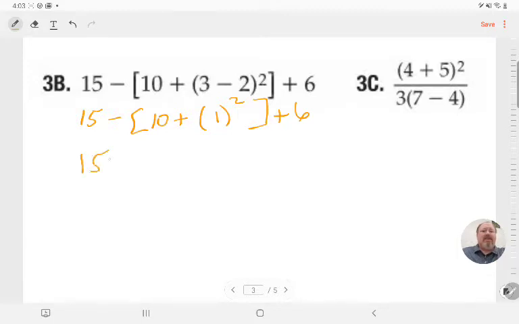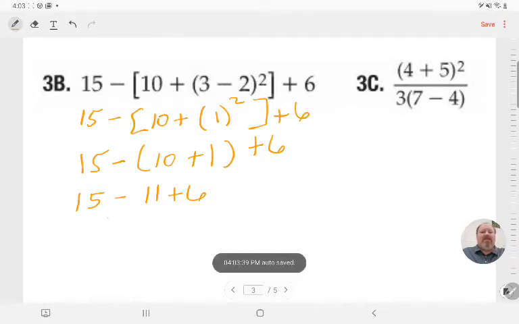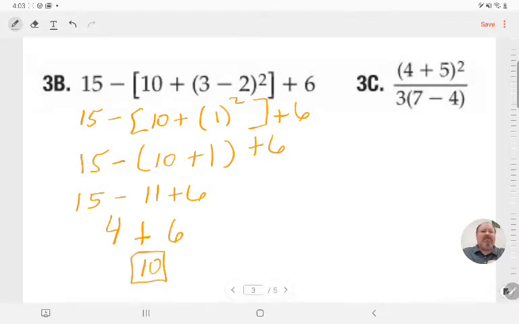So 15 minus 10 plus 1, because 1 times 1 is 1, plus 6. Now we have to finish inside the grouping. 10 plus 1 is 11. And now all we're left with is addition or subtraction. So now we simply go from left to right. 15 minus 11 is 4. 4 plus 6 is 10. Good job.